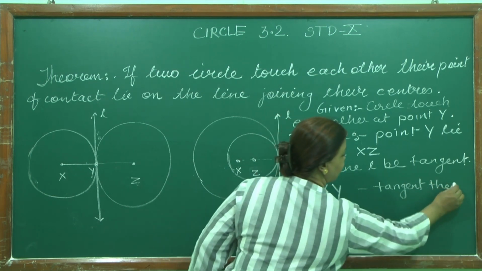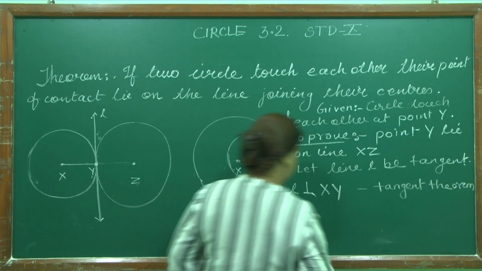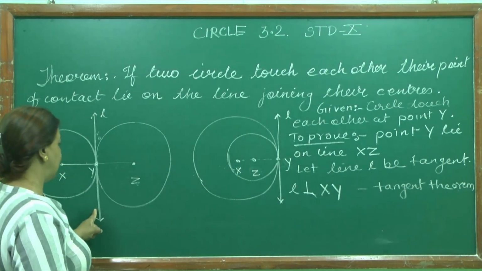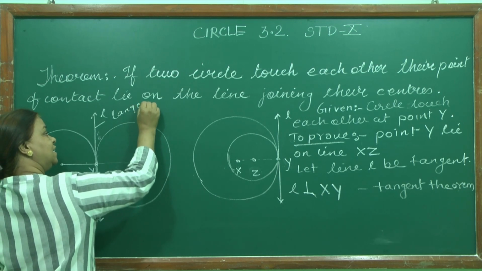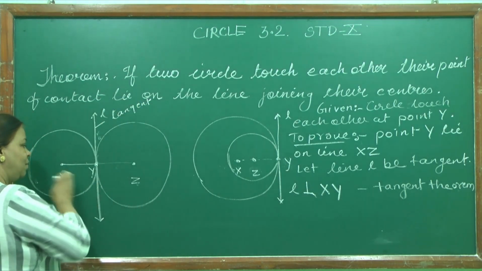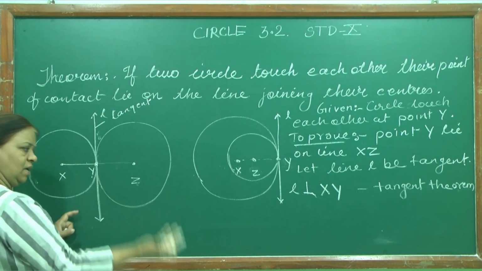Tangent is always perpendicular to the radius. I assumed line L is a tangent, so line L will be perpendicular to XY.